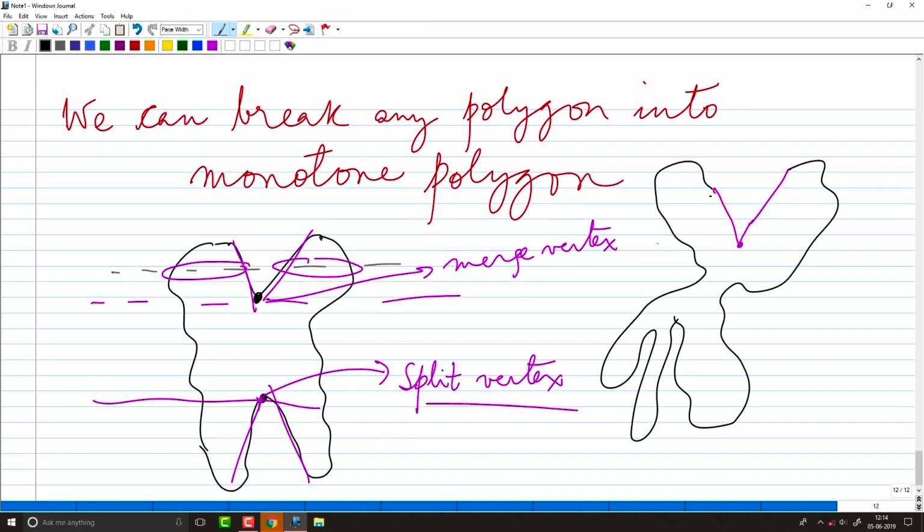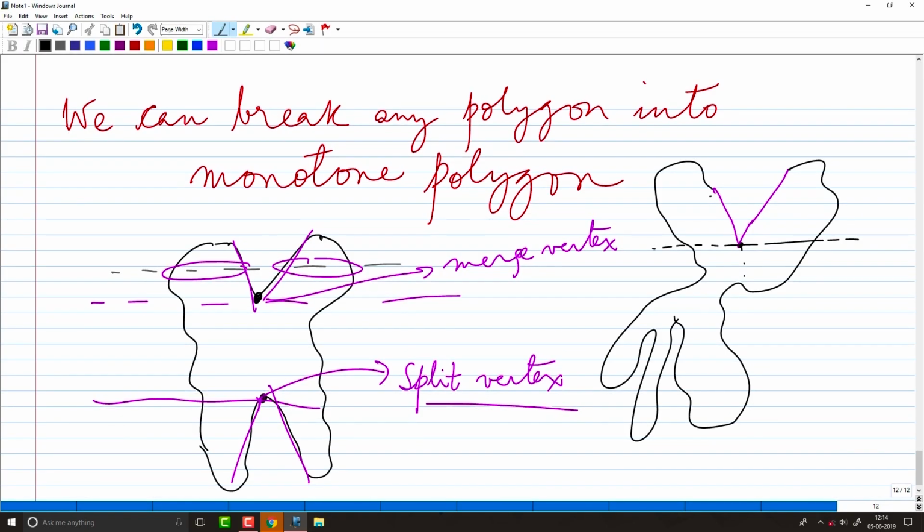So, what you now do is, you look at this vertex, right. Now, if you have to kill monotonicity at this vertex, there should be a diagonal drawn from this vertex below. If it is above, the reflexivity will remain, the angle will be more than 180 degrees. So, you have to draw a diagonal which goes below.